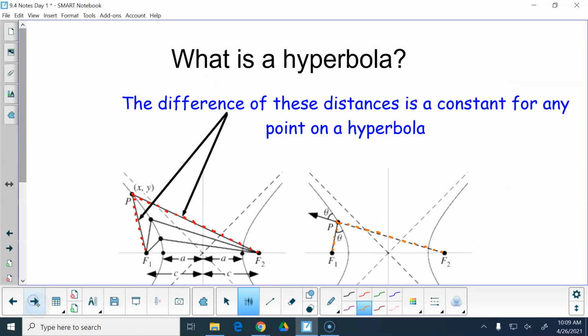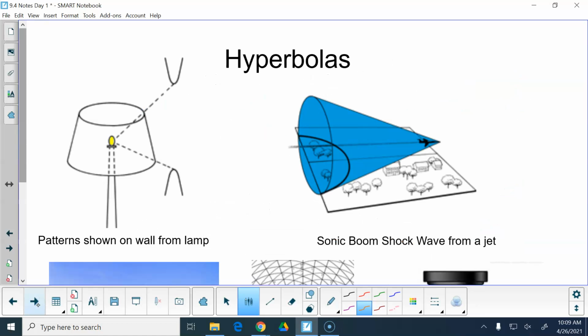So we got that. A couple of real-world examples of a hyperbola. If you've ever turned a lamp with a shade on it next to a wall, the shade actually creates a hyperbola on top, if you can see it. A lot of the time you've got tchotchkes hanging on the wall so you can't see the whole thing.